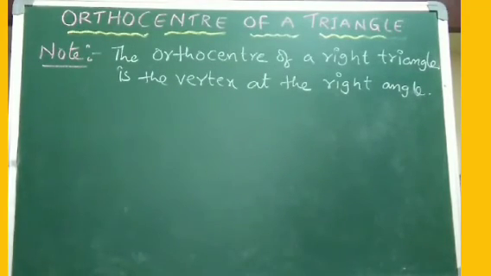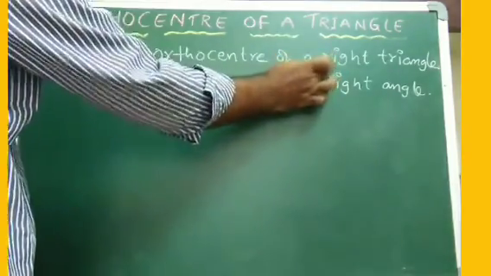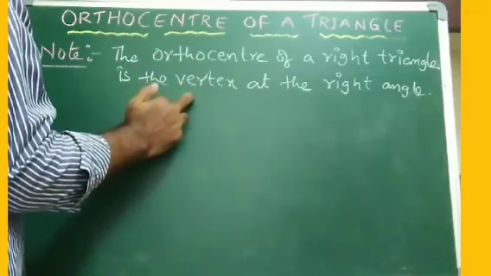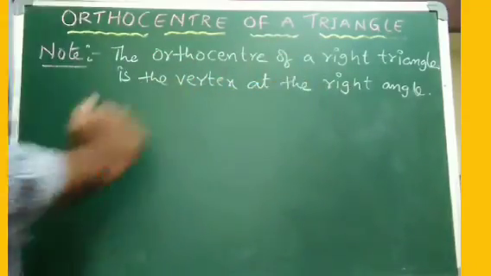So look at this important point. The orthocenter of a right-angled triangle. If a triangle is a right triangle, then the orthocenter is nothing but the vertex at the right angle.